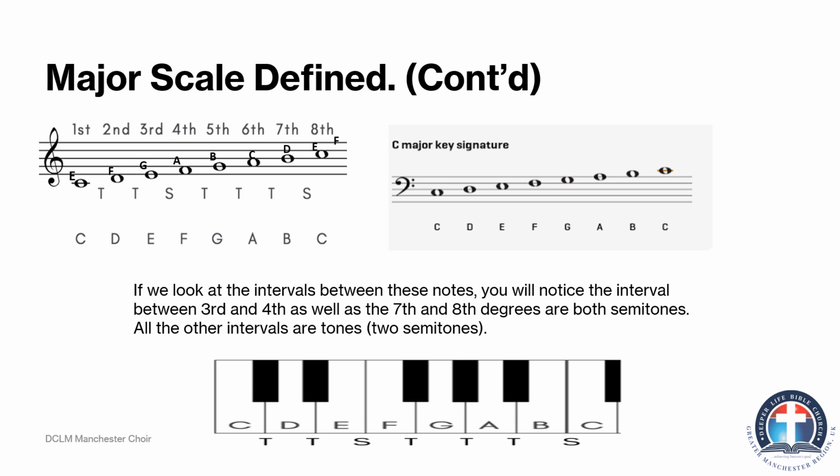Now let's consider the interval between the third and the fourth degrees, while also we have the 7th and 8th degrees. We pick this out because we want to explain what is happening in that place.